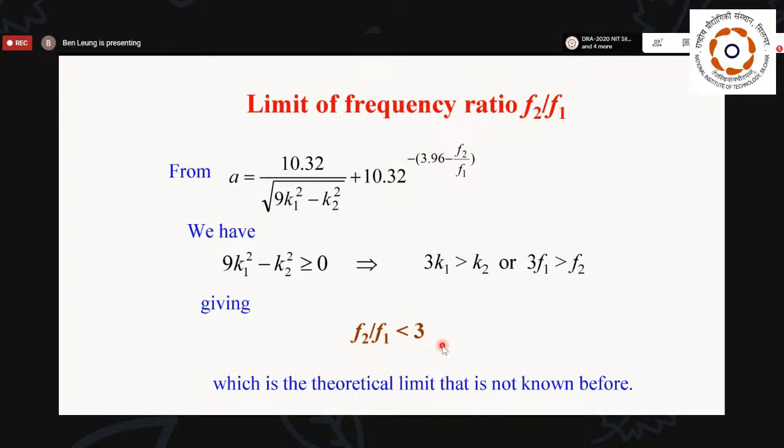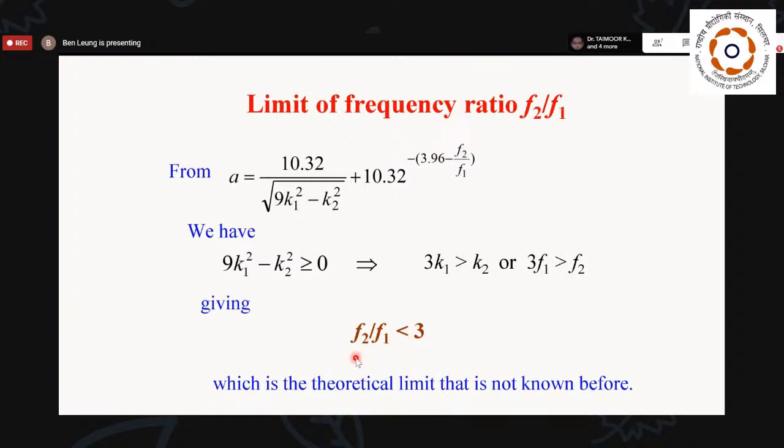Now, this information was not found before our formulas. Therefore, without this knowledge, one may try to design two different frequencies with the ratio larger than 3. In that case, he or she would spend a very long time, but will fail to obtain a solution because there exists a limit.